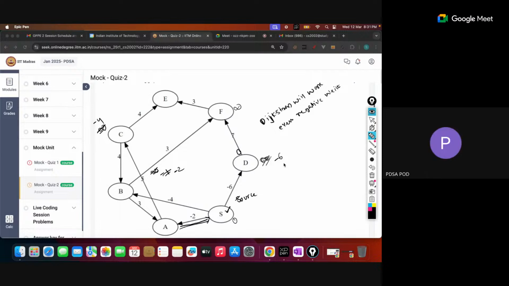If you are going -6 and 7, it's going to be 1. Is it right? Correct. Now 1. We go another way: 0 to -4. It's going to be -4 now. From -4 to 3, it's going to be -1. Right? That's correct. So -1 is updated, and this is the smallest value compared to 1.